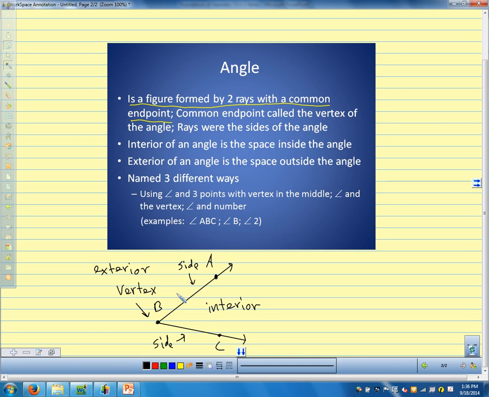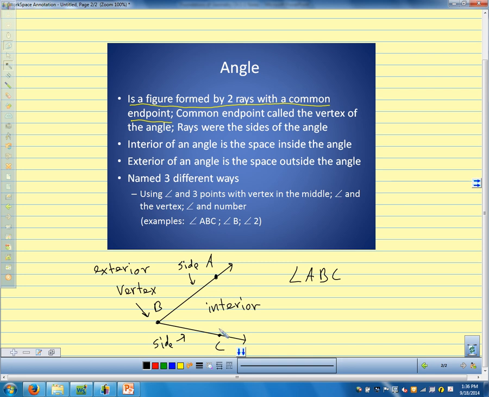So an important fact or characteristic about our angle is we can name them in three ways. We always use our angle sign. That's what this little angle is. And we can use 3 points with the vertex in the middle. So notice they named it angle A, B, C. The vertex has to be in the middle.